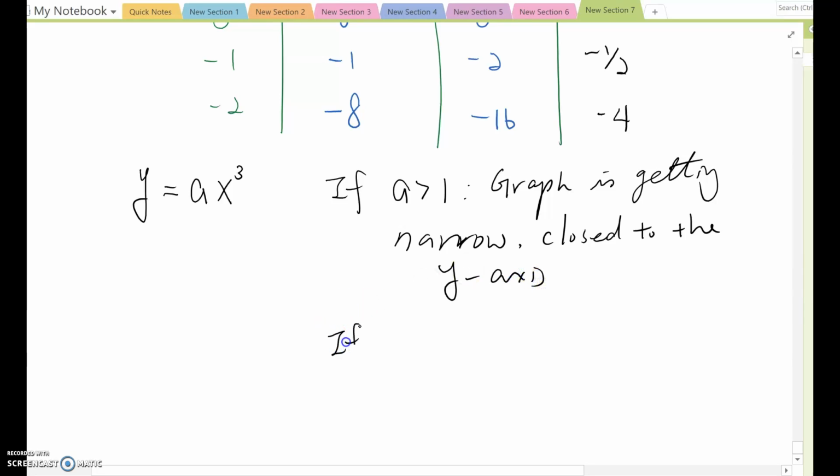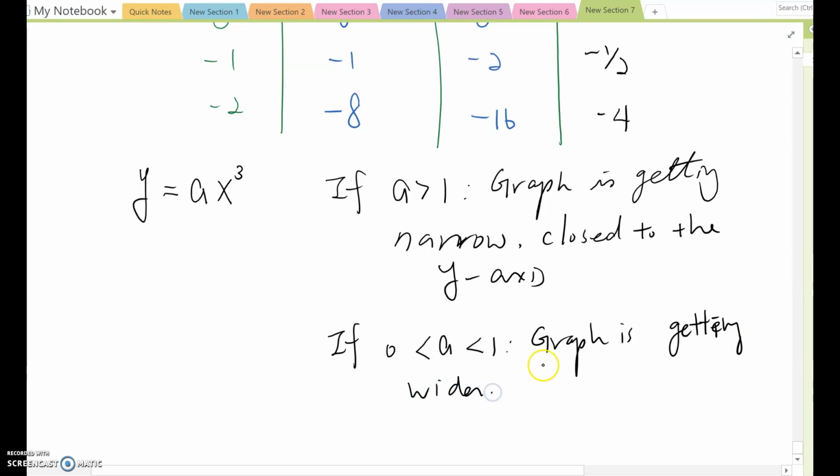But if the given coefficient is between 0 and 1, then the graph is getting wider and further, so far away from the y-axis.